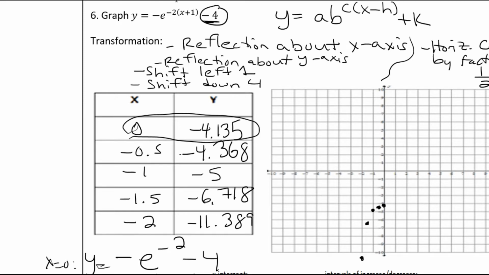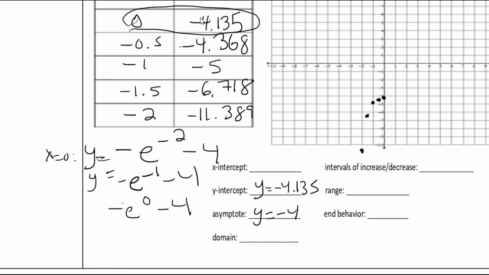Okay. But we can kind of tell it's trying to approach negative 4. And then we have this part going like this. It's going rapidly, dipping down on the left side.